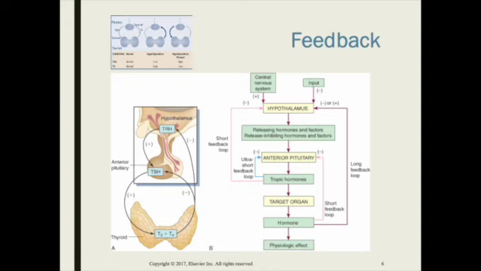This will trigger the anterior pituitary tropic hormones, which will have a short feedback loop on the anterior pituitary, triggering the hormones through the target organ to elicit a physiologic effect.